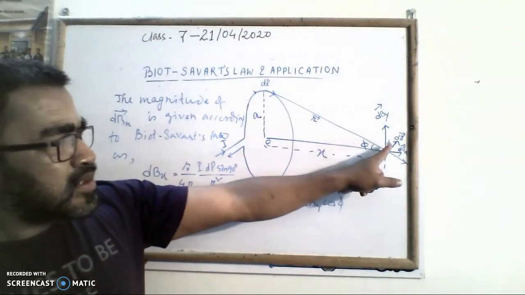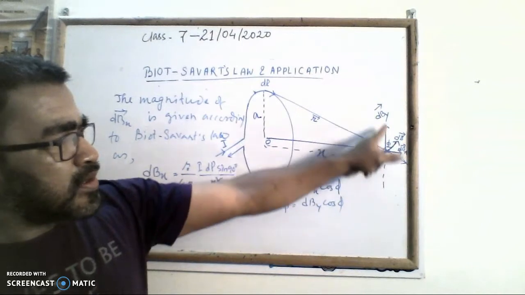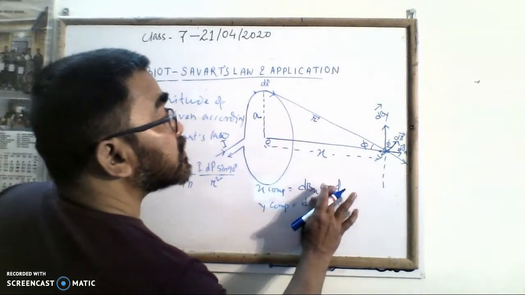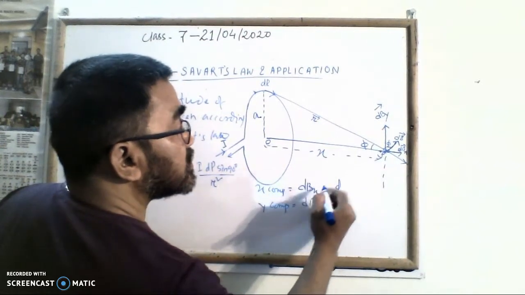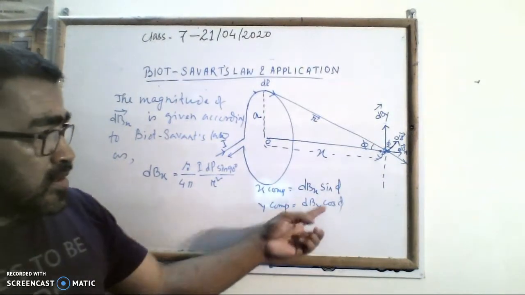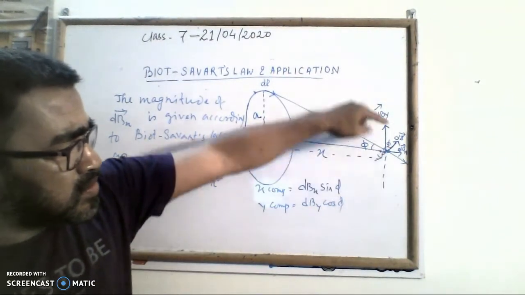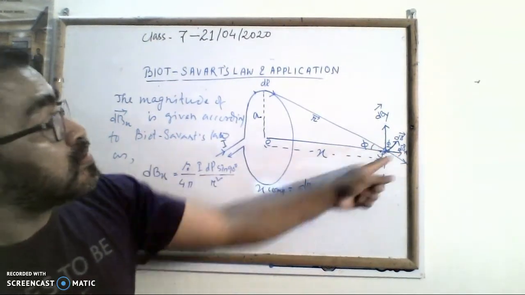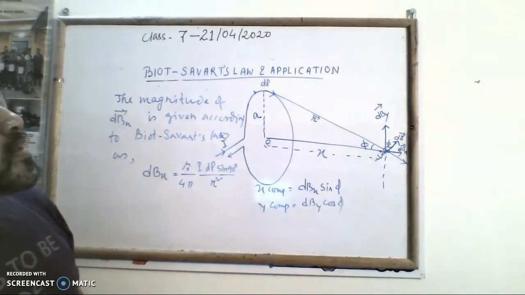The phi is associated with this component, that is why it is the cos component. The x component will be the sine component, sine phi. And the phi which is associated with the y component, it should be the cos component. The other component will be the sine component.